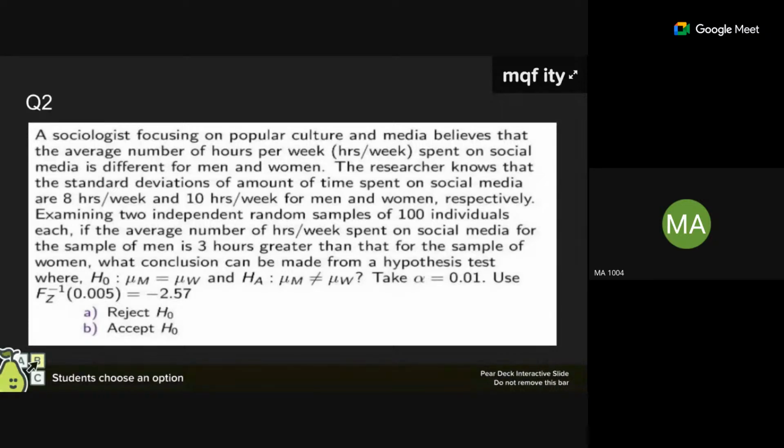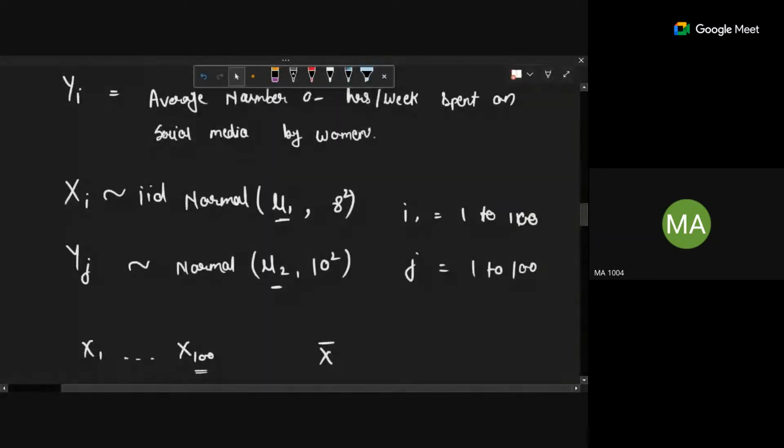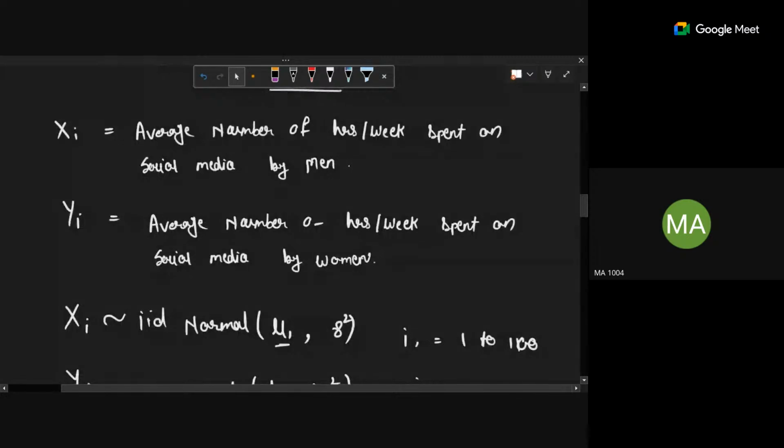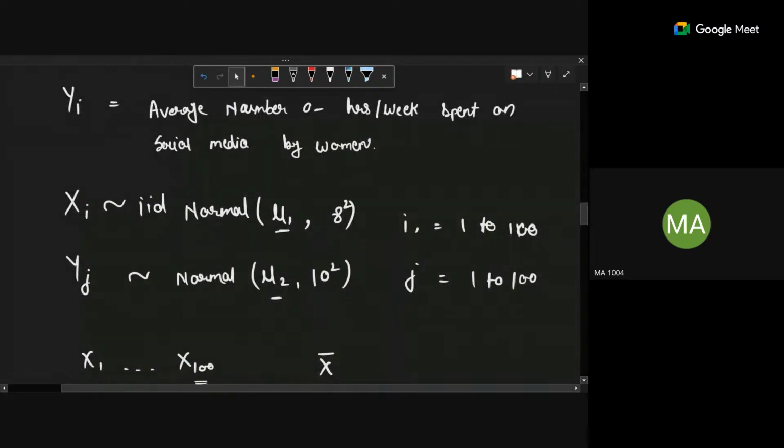We had two random variables, Xi's and Yi's, denoting the average number of hours spent on social media by men and women. We formulated the distribution pattern that they are independent and identically distributed normally, with some mean and with the standard deviation given to us.